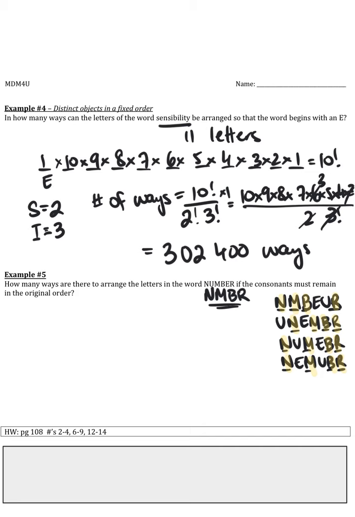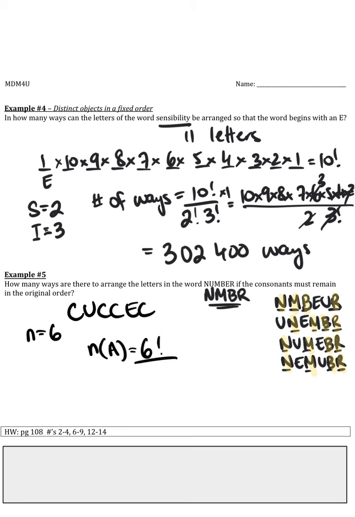So since you cannot arrange the consonants in a different order, you can treat them like identical elements. So using, let's say, C for each consonant. So rewrite the letters as wherever you see NMBR, we're just going to put in C's. This makes it easier to imagine. So we have 6 letters, right? So that's going to be 6 factorial.